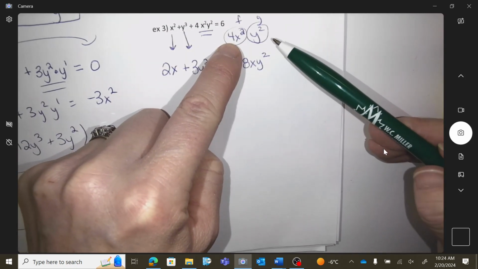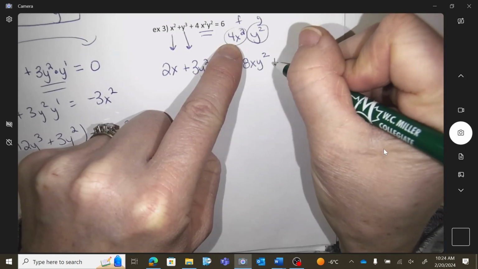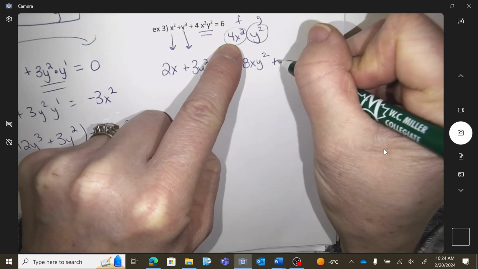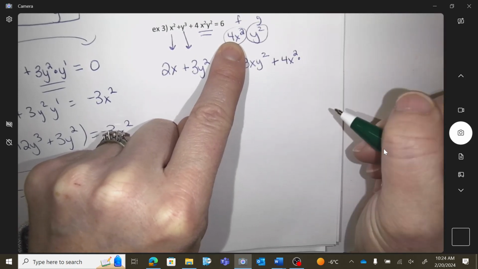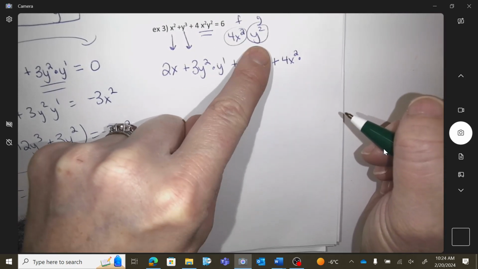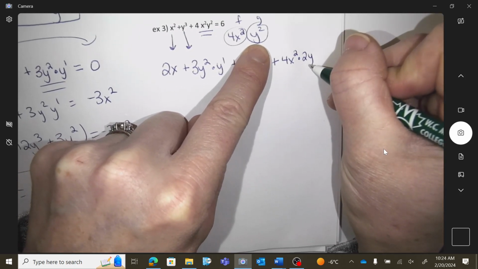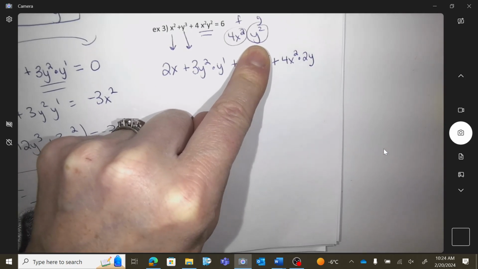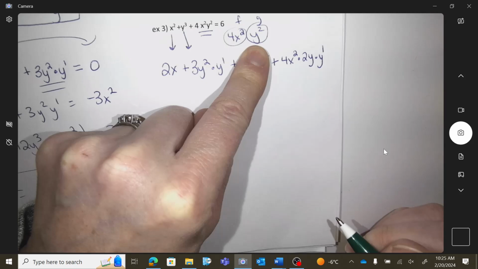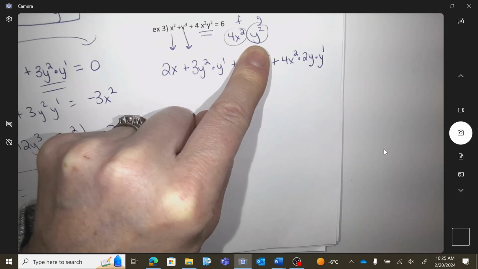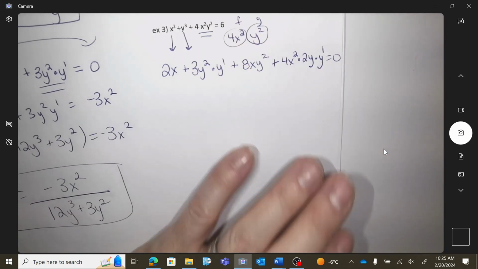Derive that, keep that, plus, what do you do? Keep that, derive this, but as soon as you derive something with a y, you attach a y prime. And then the derivative of 6 is 0.